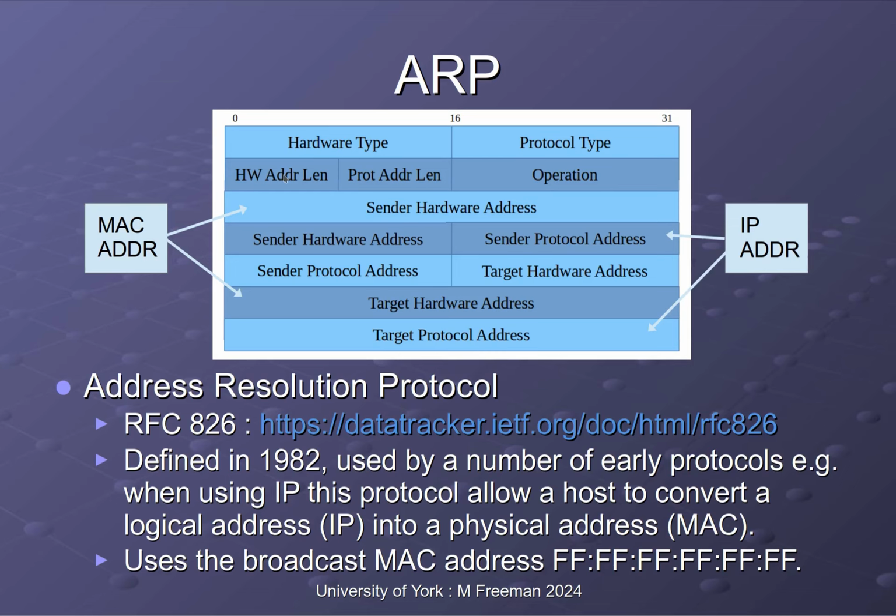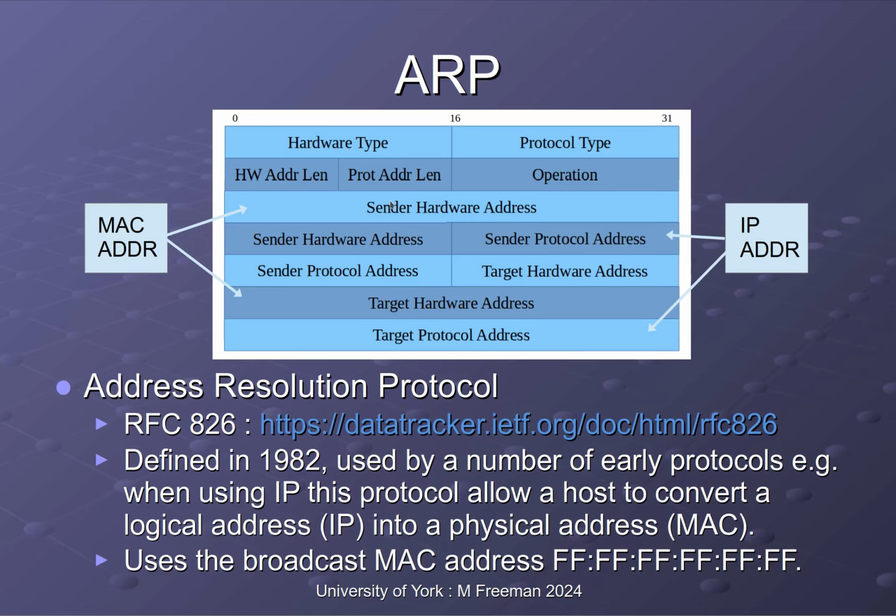Then you got your hardware address length. So for MAC addresses, that'll be 6 because they're 6 bytes long. They're 48 bits. And we have our protocol address length. So for IP version 4, that will be 32 bits or 4 bytes. Operation, you can specify you're requesting an ARP resolution, an ARP conversion, or this could be a reply. And if it's a reply, then it'll have the actual data you're looking for contained within this bucket of stuff.